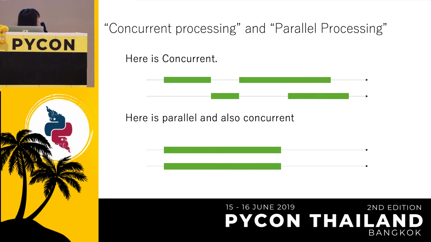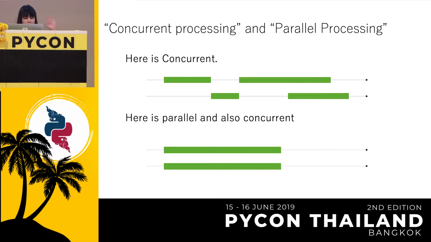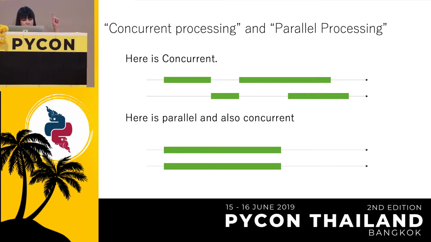This is the image of concurrent and parallel processing. In concurrent processing, the two tasks are not necessarily performed at the same time, but they cooperate with each other. But in parallel processing, below, the two tasks are running at the same time.